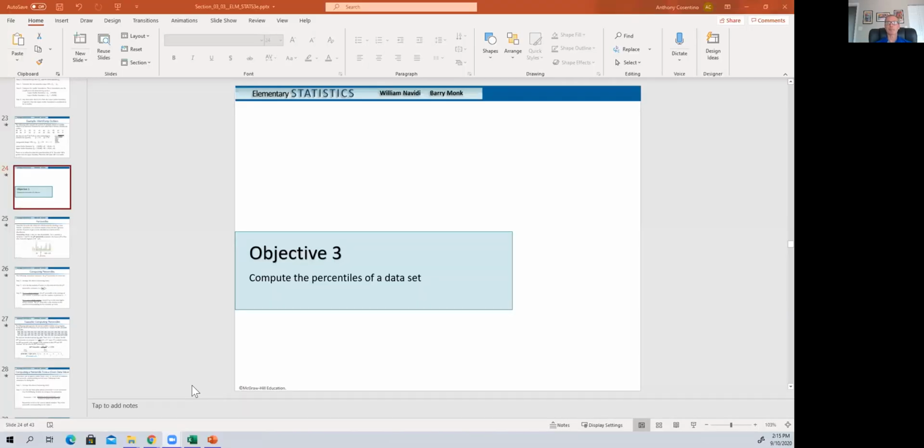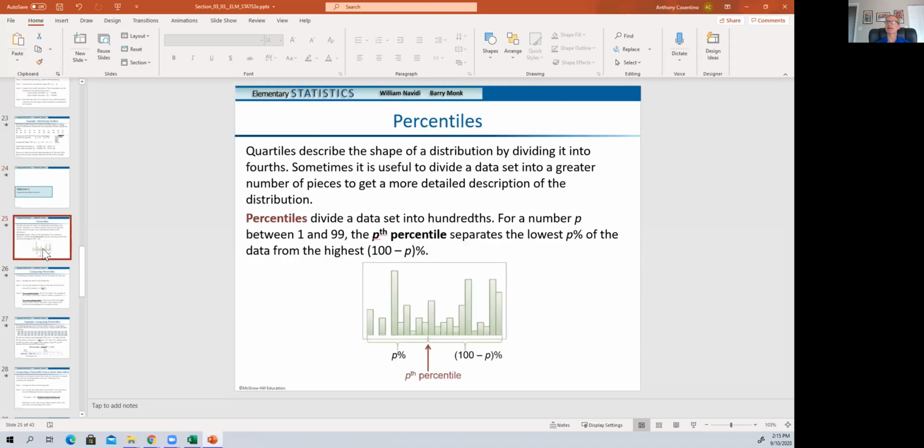So basically, percentiles are a way to split the data up into finer pockets of data, in the sense that we talked about the 25th percentile, right? The 50th percentile and the 75th percentile, which was quartile 1, quartile 2, or the median, and then quartile 3, which was 75%.